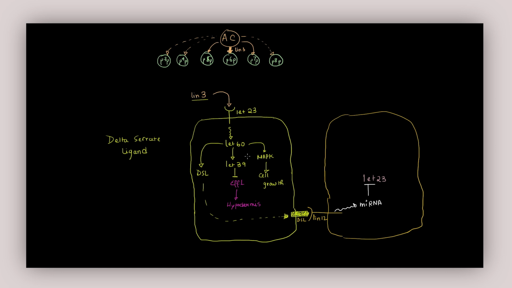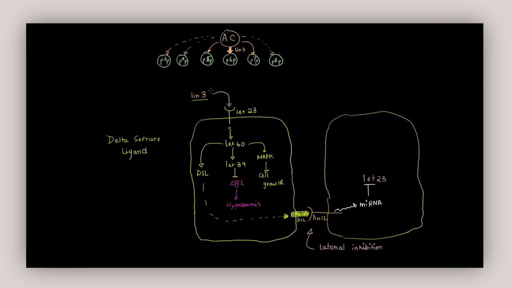No Let60, no Let39, no DSL, no MAP kinase pathway, and hence this is laterally inhibited. So the process is called lateral inhibition. And this is a classic example of how the Delta-Notch pathway works.